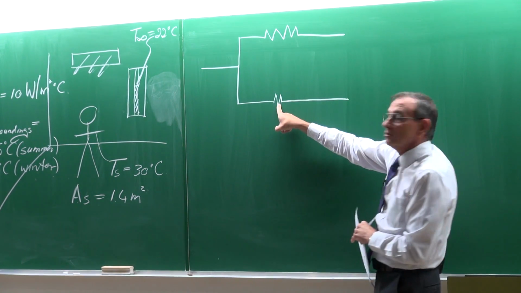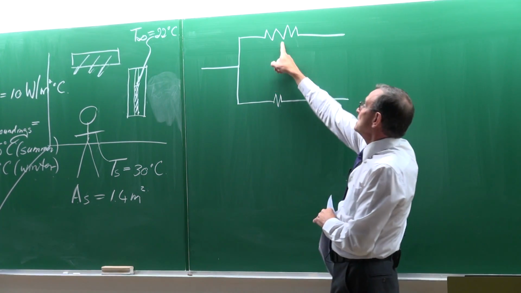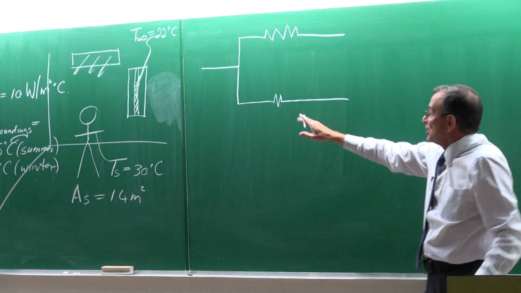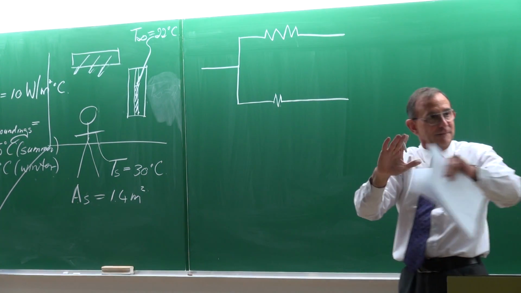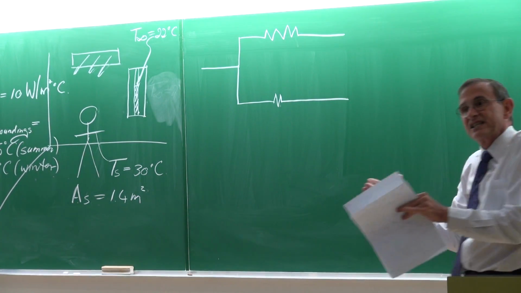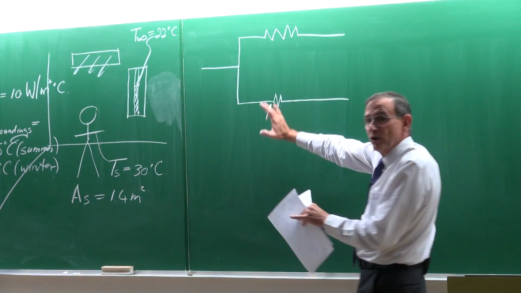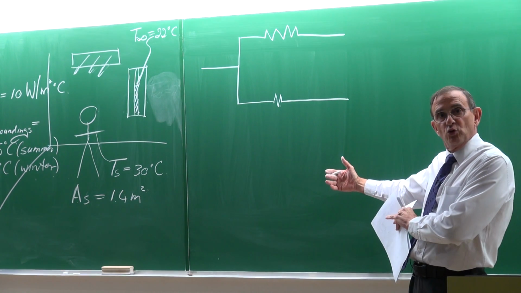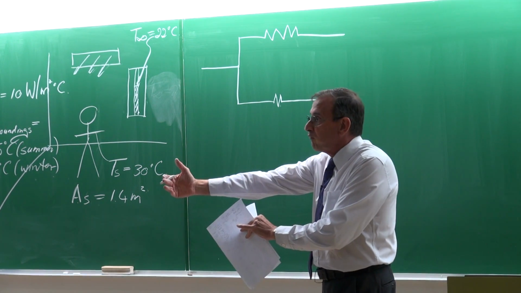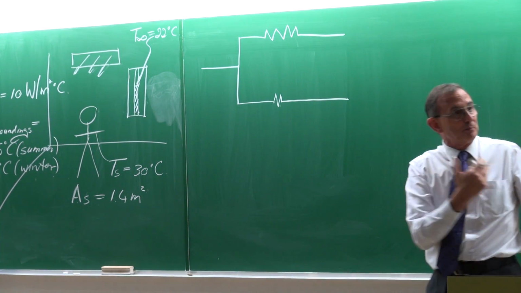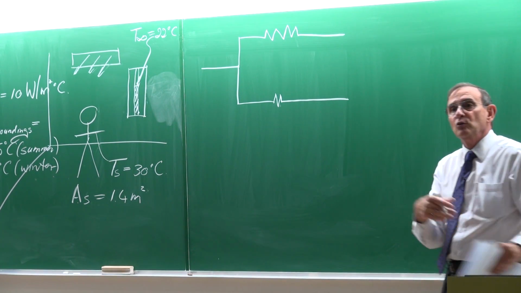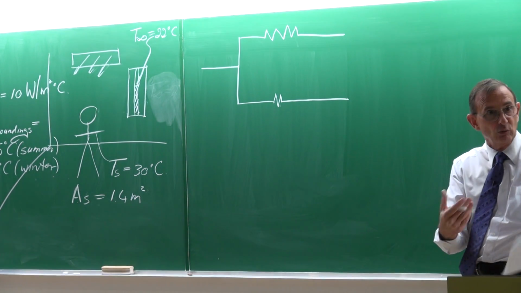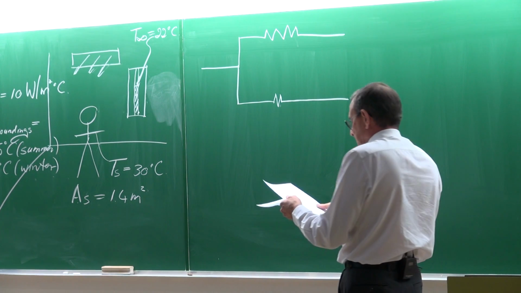And take note, I'm going to write these two resistance terms and show them schematically. Later on, we will see if they are different and which one of the two is bigger than the other. That is very important for paragraph 4.1 in chapter 4 of the textbook, which we are going to look at when we get to the Biot number. I will introduce that to you a little bit later.